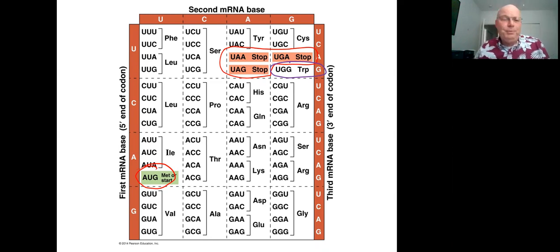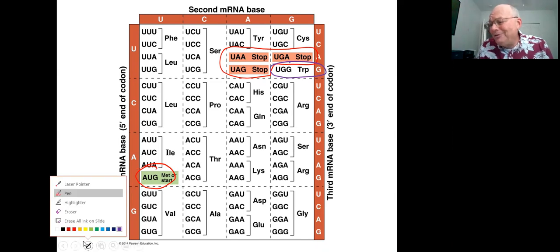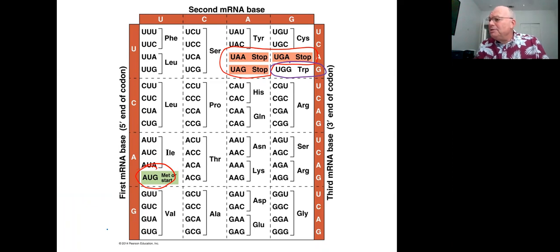But methionine and tryptophan are unique amongst the amino acids in that they have a single codon that codes for them. All the other amino acids have at least 2. Many have 4. 3 have 6. Change color again. So leucine has these 2 codons plus these 4.